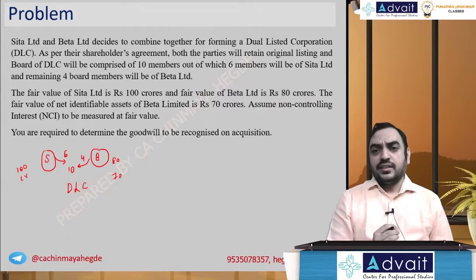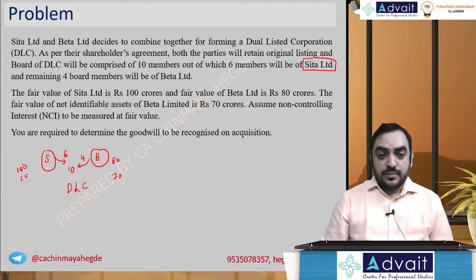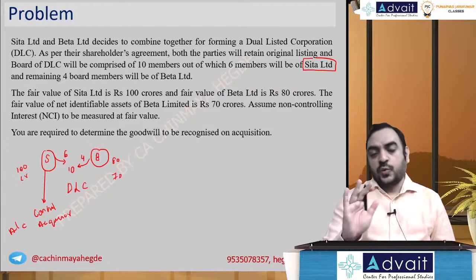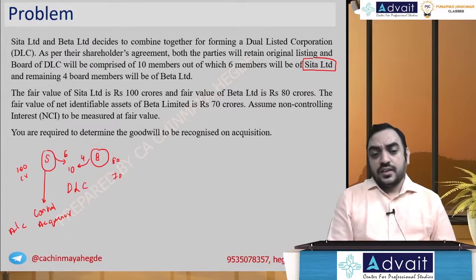So we can reasonably conclude that Sita Limited will have the control. So Sita Limited having the control means they will become the acquirer, not the legal acquirer, but the accounting acquirer.